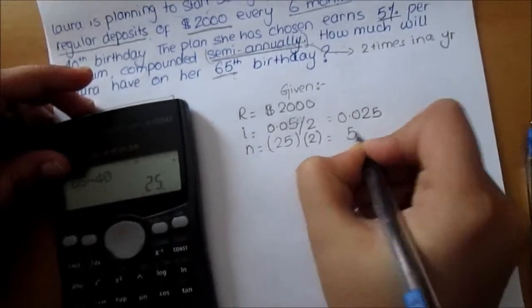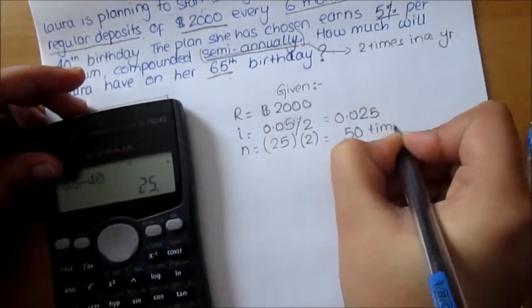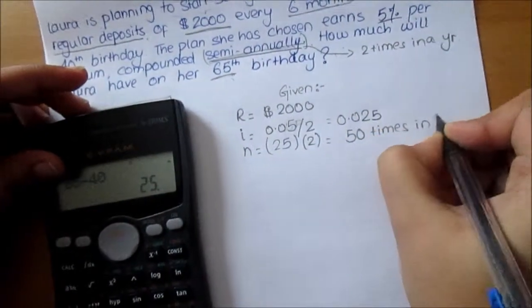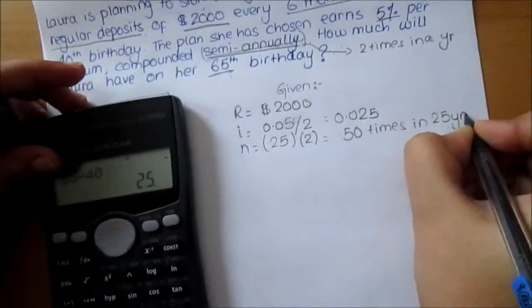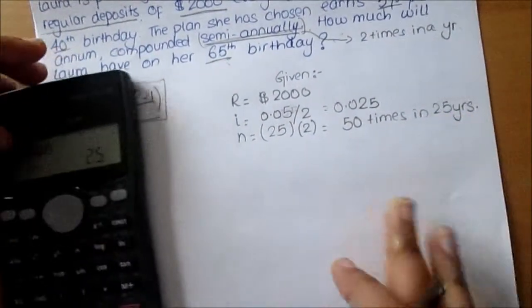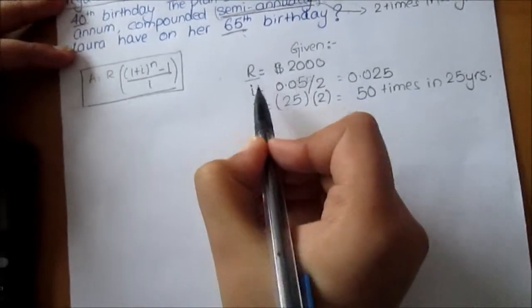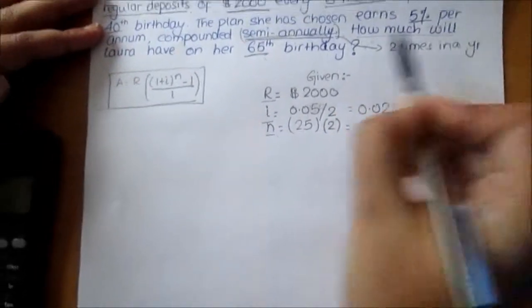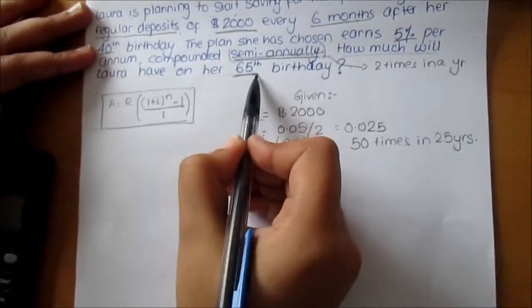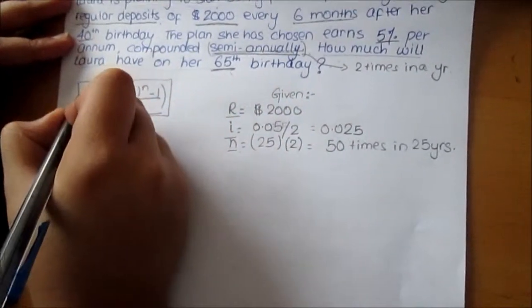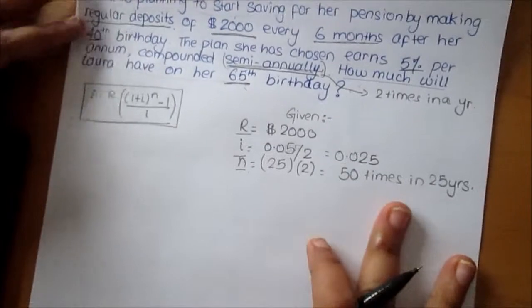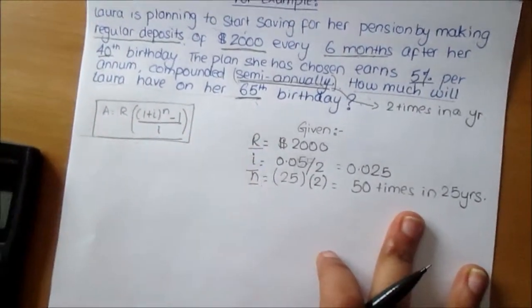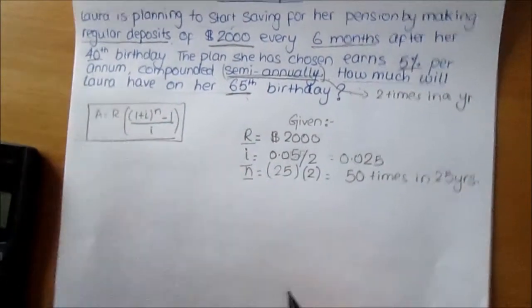So it's 50 times in 25 years. Okay, so now we have R, I, and n. And they're asking us how much will Laura have on her 65th birthday. So how much money will she have at the end when everything has been done? So we're finding the accumulated amount.